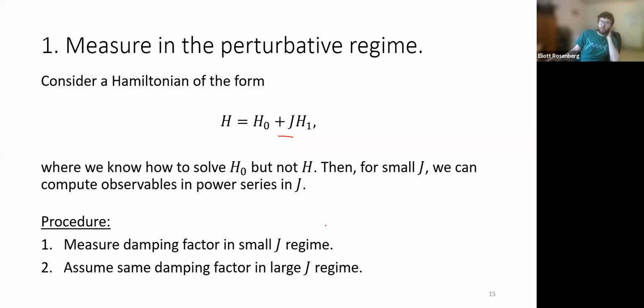And then you can use the damping factor that you measured in step 1 here and do error mitigation outside of the perturbative regime. And in this Google paper, they were mostly talking about time evolution, like time evolving with this Hamiltonian, whereas we're applying it instead to approximating ground states, but it's the same idea.